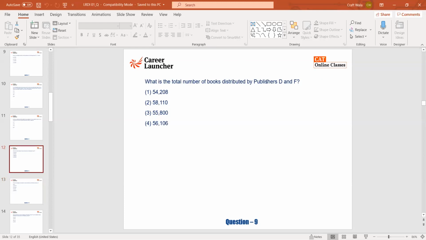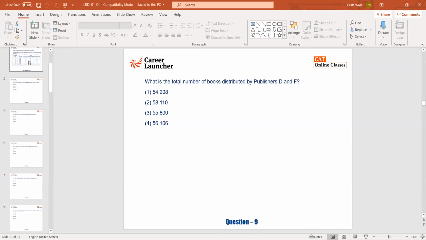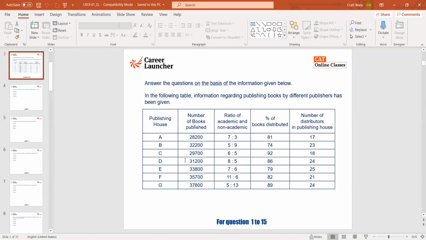What is the total number of books distributed by D and F? So D's distribution is 86%, and F is 82% of 35,700.